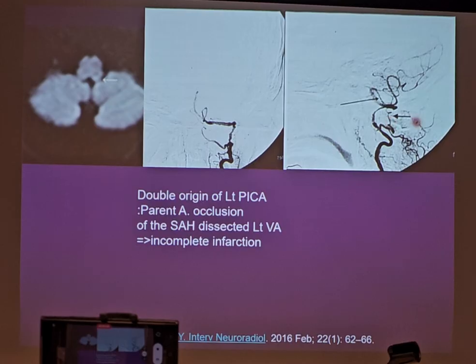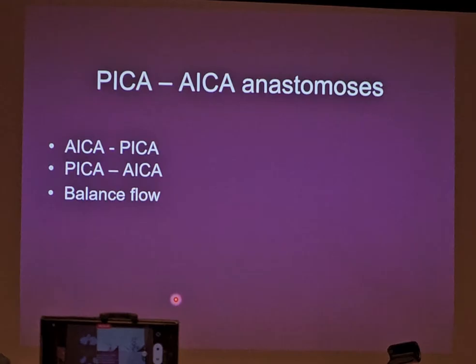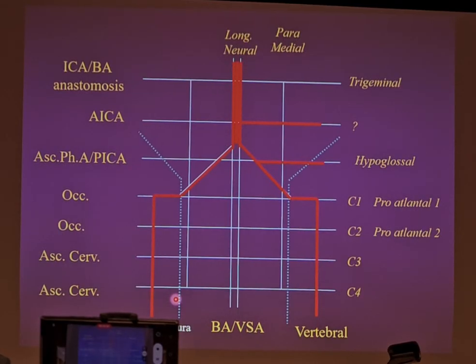And if you need to treat by sacrifice in this disease, you may see that to sacrifice above, you still have the lower PICA origin still supplying some of the PICA territory, so the infarction will not be the entire system infarct, but only some segmental, which can be better than not having the two origins.